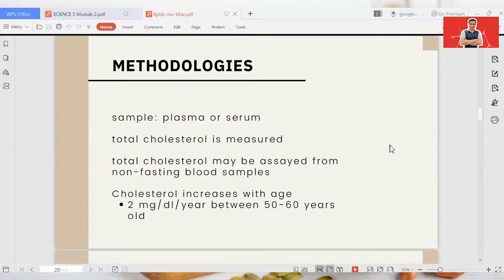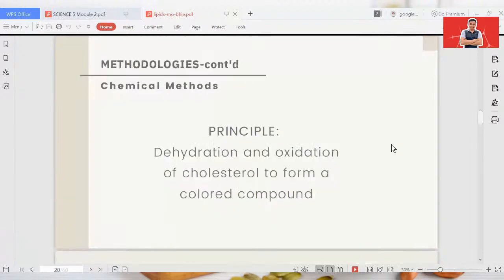Women are not immune to increased cholesterol levels because they increase in cholesterol during menopause. Also, cholesterol increases with age because as we age, our liver becomes less able to remove LDL or the low density lipoprotein or the bad cholesterol. Next.